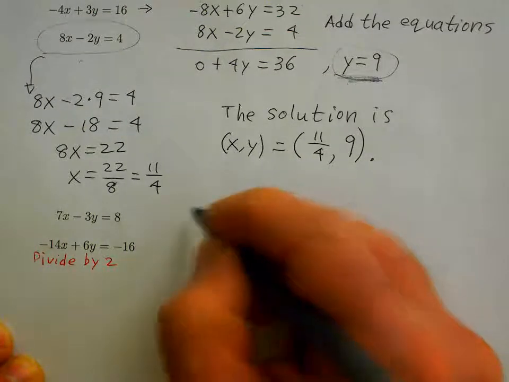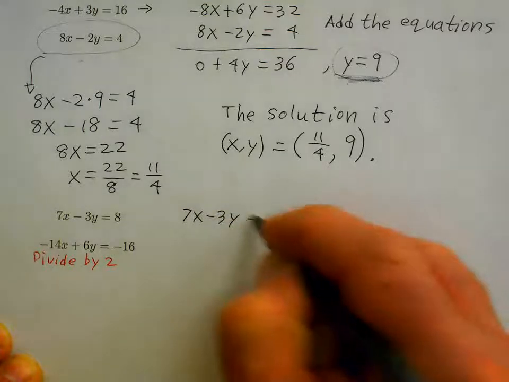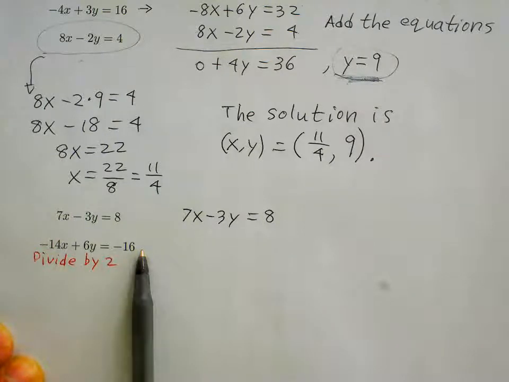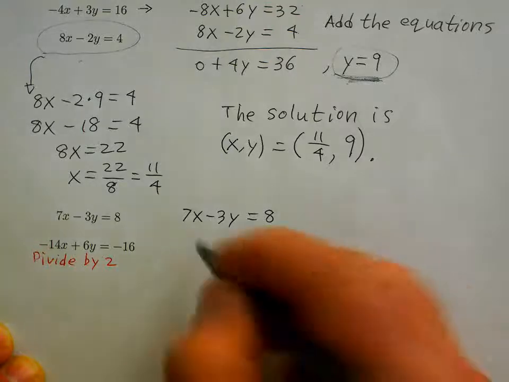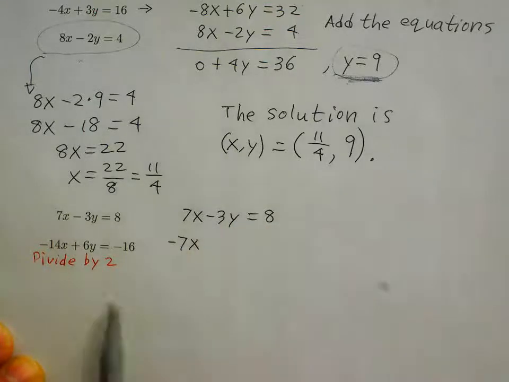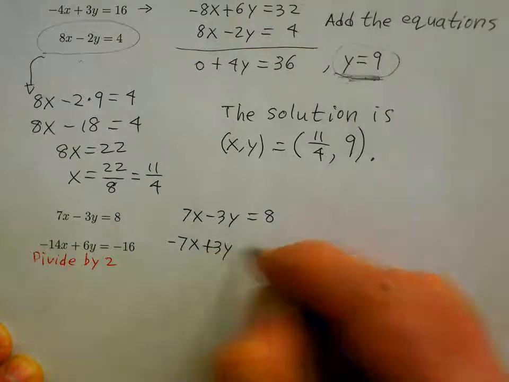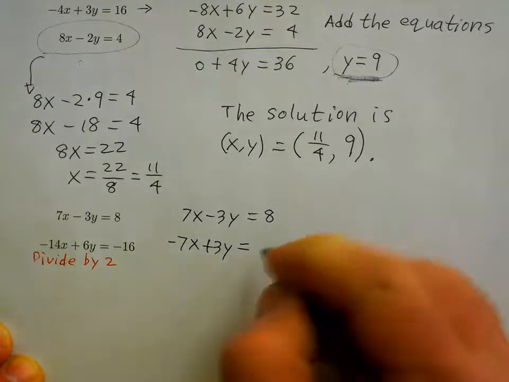I'm going to leave the top equation the same, 7x minus 3y equals 8, and divide every term on both sides of the bottom equation by 2. Negative 14x divided by 2 is negative 7x. 6y divided by 2 is positive 3y. And negative 16 divided by 2 is negative 8.